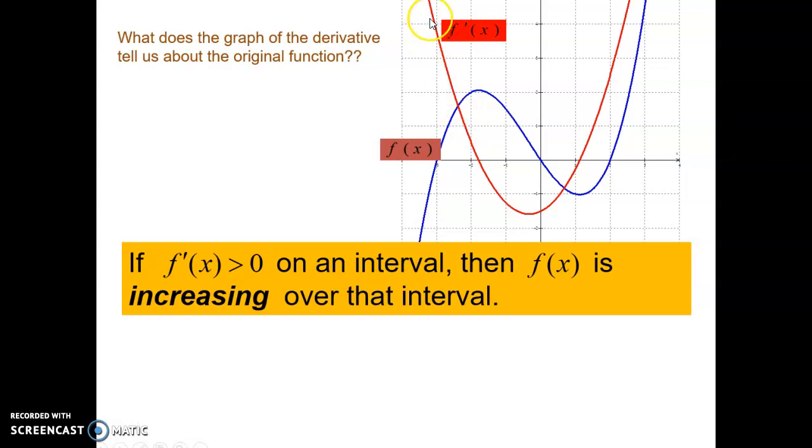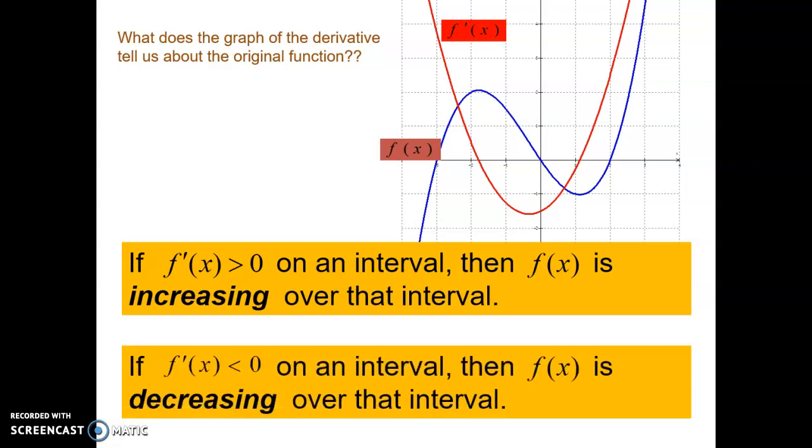Now, the derivative is getting smaller because we know the tangent line is getting less and less positive as it comes towards zero here. But we do know this: when the derivative is positive on an interval, the function f must be increasing. We also know that when the derivative is negative on an interval, then the function must be decreasing over that interval, which again makes sense.